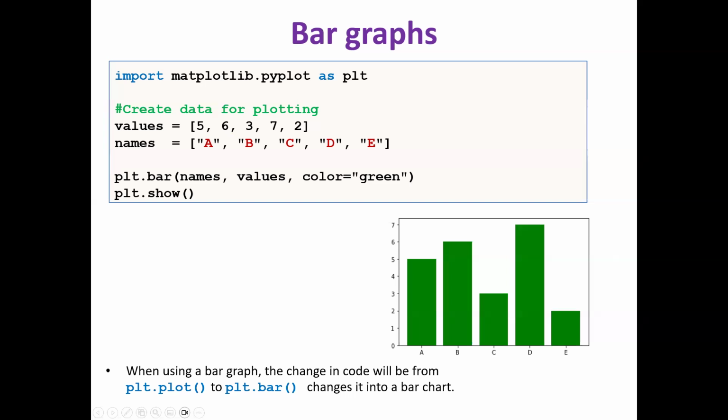Here they say when using a bar graph, the change in code will be from plt.plot to plt.bar, which changes it into a bar chart. So normally plt.plot is mostly for, again, line charts.